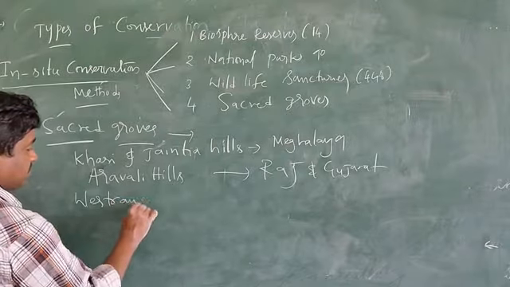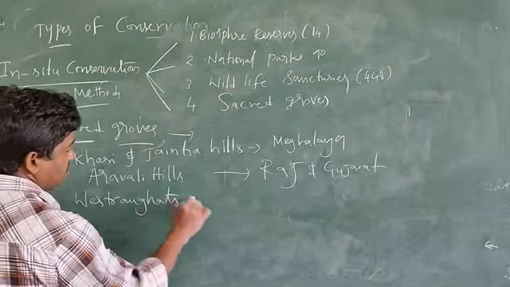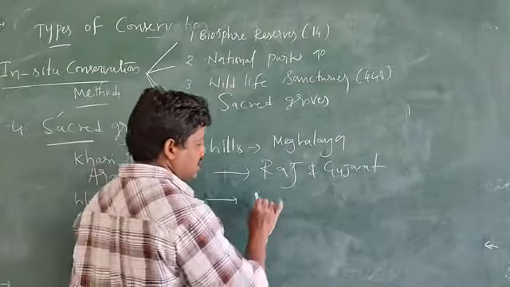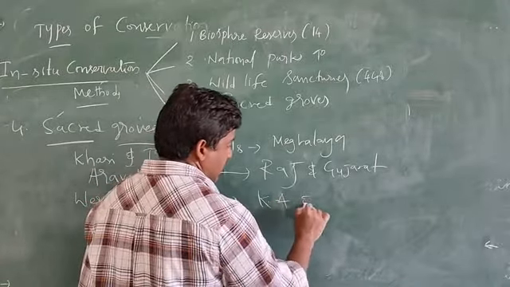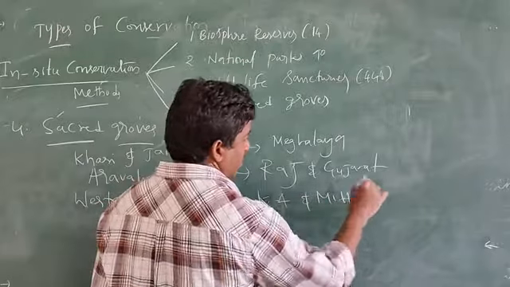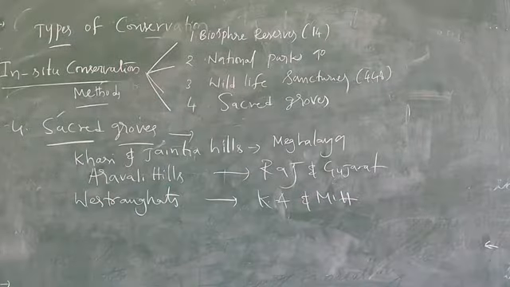In the Western Ghats, you can see them in our state Karnataka and Maharashtra. And one more place where sacred groves are located.